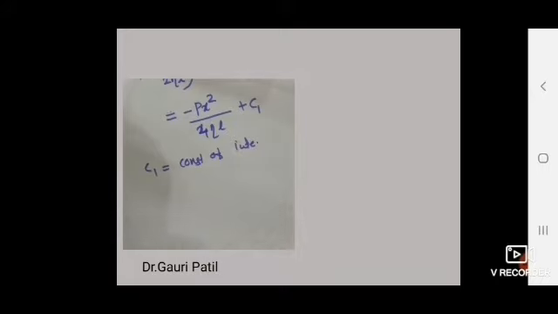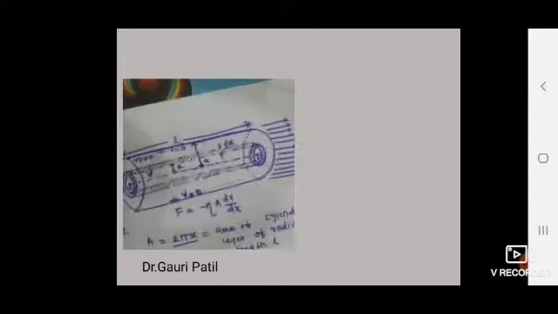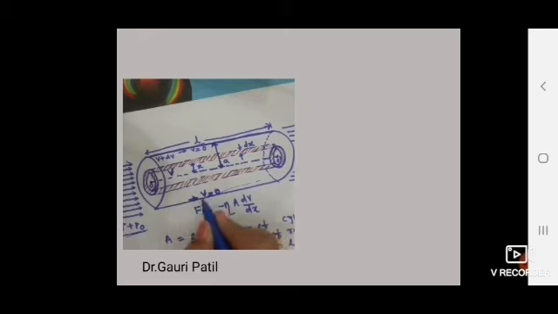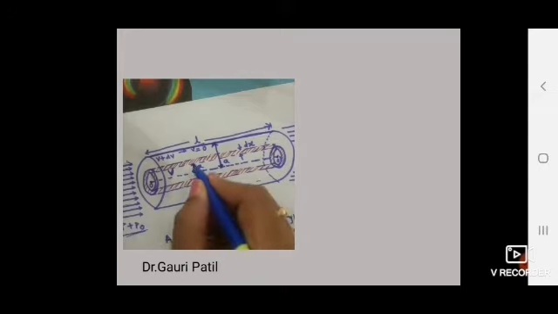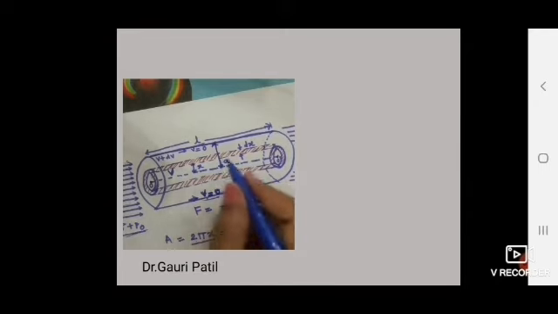To evaluate the constant c1, use the fact that the layer of liquid in contact with the wall of the capillary is stationary. So the liquid in contact with the wall has velocity 0, where x is equal to a.